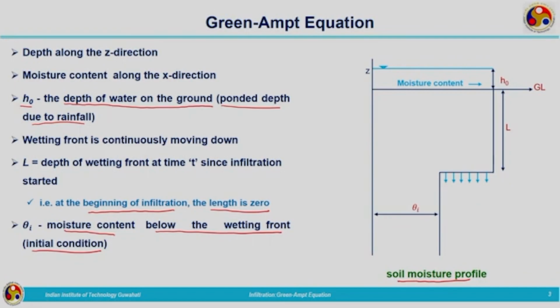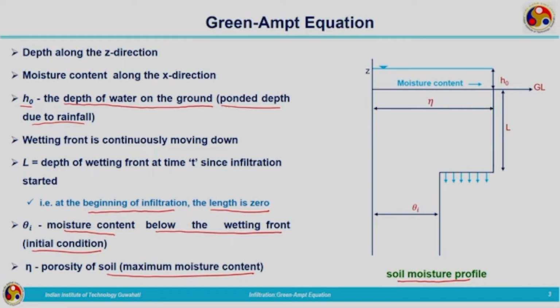So at time t, the wetting front has reached a depth of L; above that we have the wetted soil and below that we have the dry soil at the initial condition. And then the porosity of the soil. Porosity is the maximum moisture content. Soil can hold a maximum quantity of water up to its porosity. That is represented by eta.